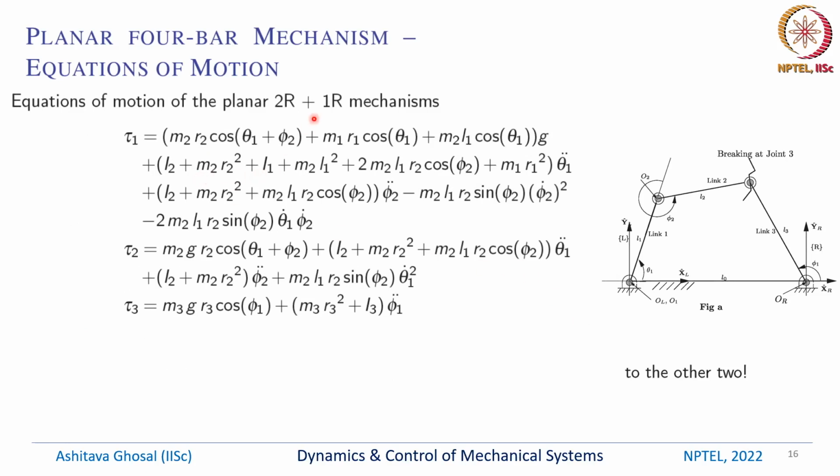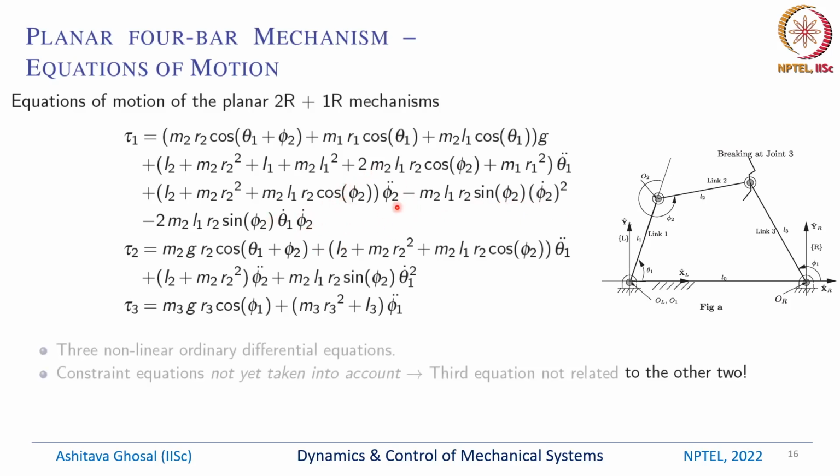So the equations of motion for the planar 2R and 1R mechanism can be written down. We collect all the terms which contain theta 1 double dot, all the terms which contain gravity, all the Coriolis and centripetal terms, and all the terms which contain phi 2 double dot. Okay, so this is from the 2R chain.